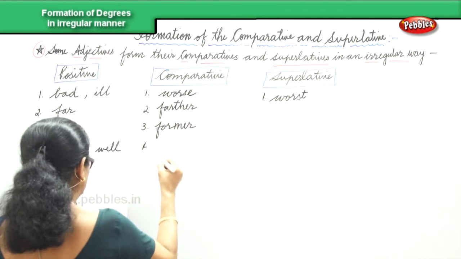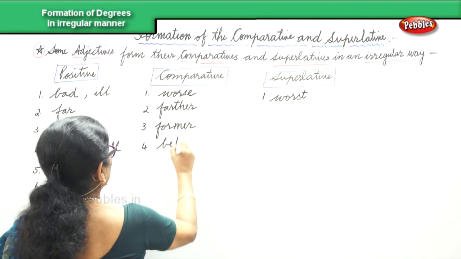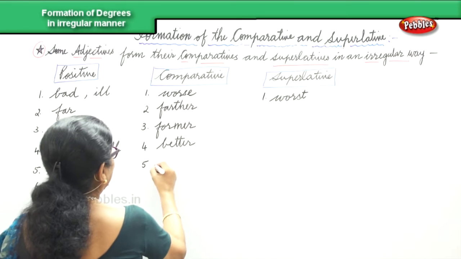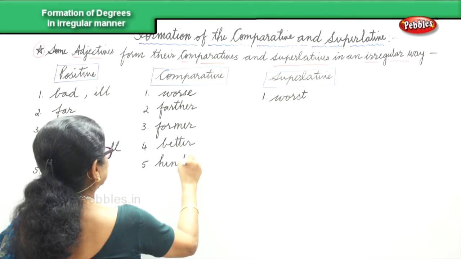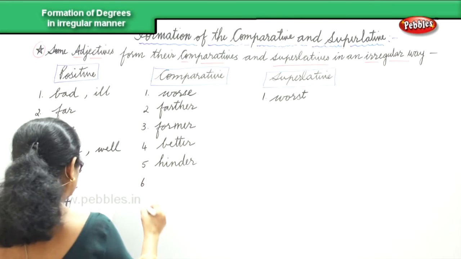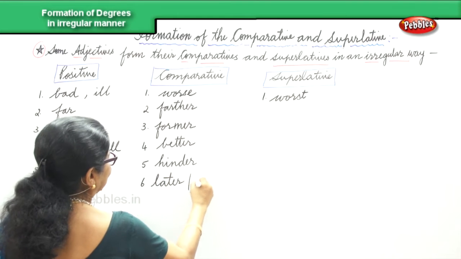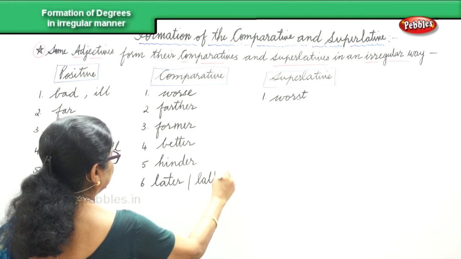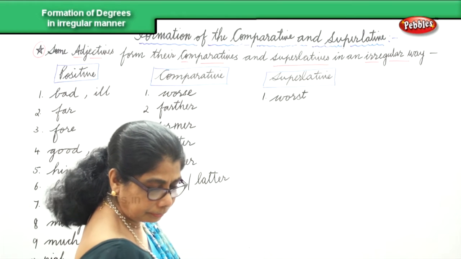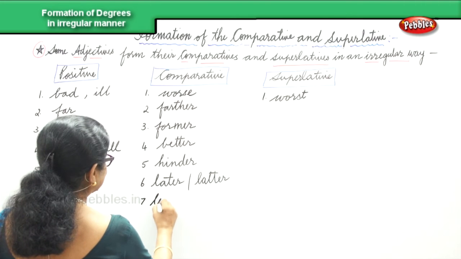The next one, good, better, or well, better. Next, hind, hinder. Late, later. It can be later or latter. Next, little, less.